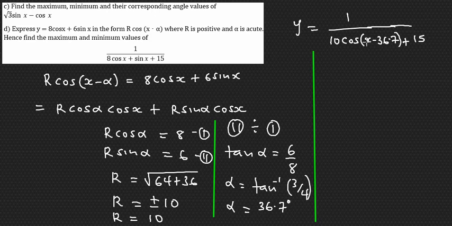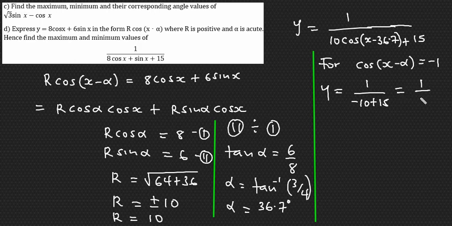So we can use cos of this angle to be 1, and then cos of this angle to be -1. So for cos of x minus alpha to be equal to -1, we can have y equal to 1 over -10 plus 15, which is equal to 1 over 5. That is one value.